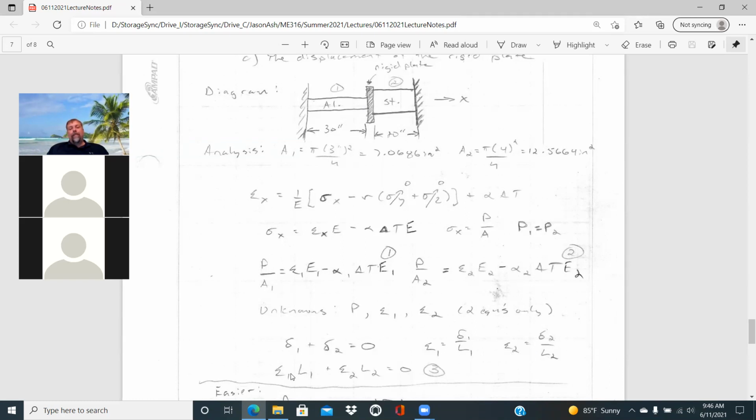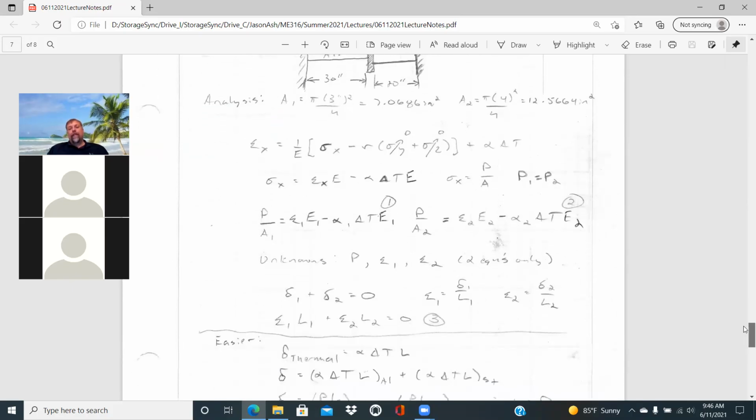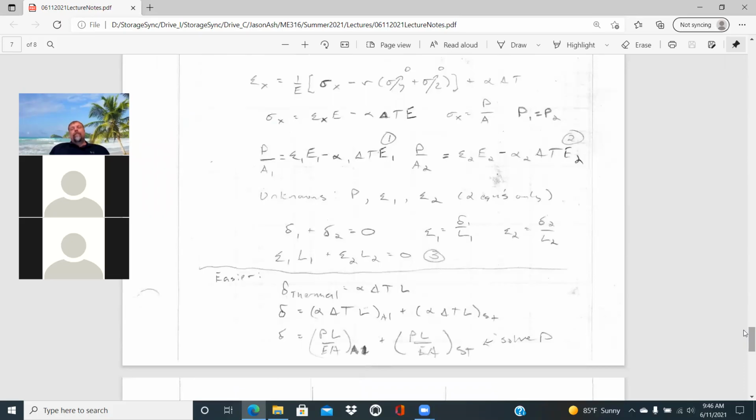And so we have epsilon 1 L1 is equal to epsilon 2 L2, which would give us a third equation. And so you can solve the three equations, three unknowns, and determine P, epsilon 1 and epsilon 2.